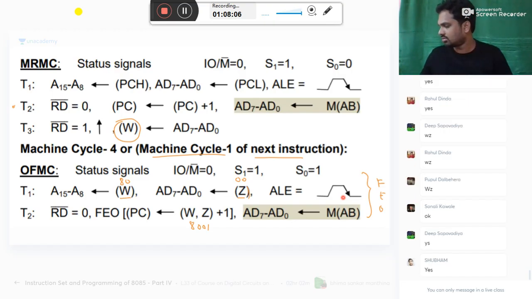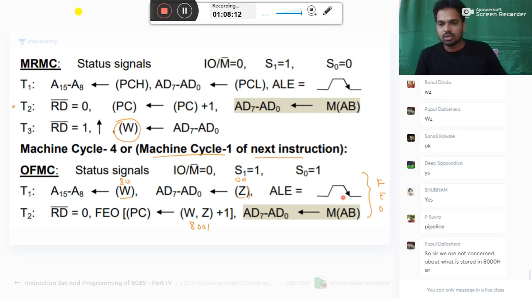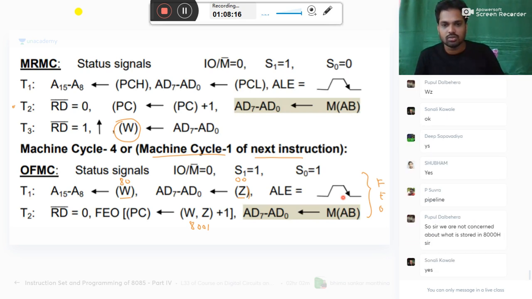Okay. Next. Yes, shall we move further? Sir, we are not concerned about what is stored in 8000. Yes, you are concerned with it in the T3 state. That will be taken care of by the next instruction. It is not the job of the jump instruction. That is the opcode fetch of the next instruction.